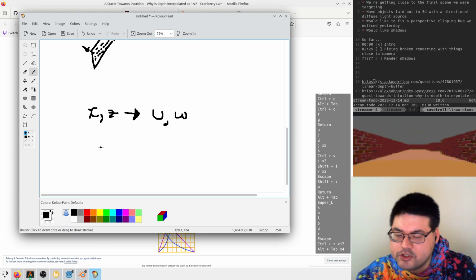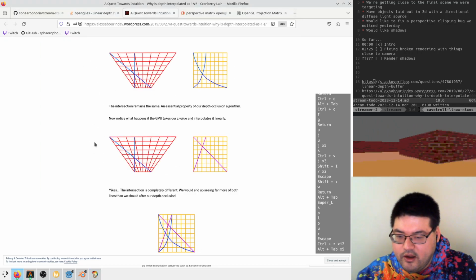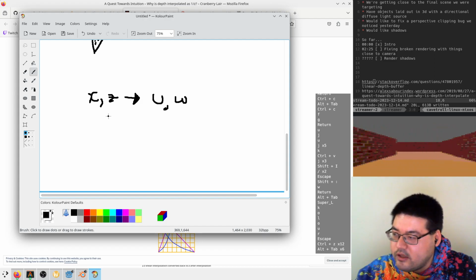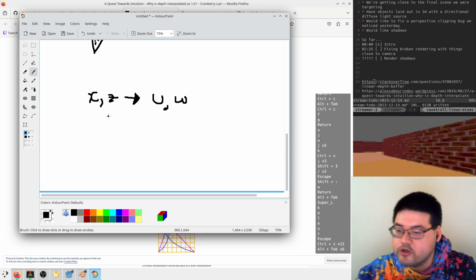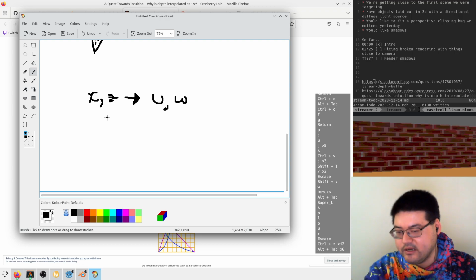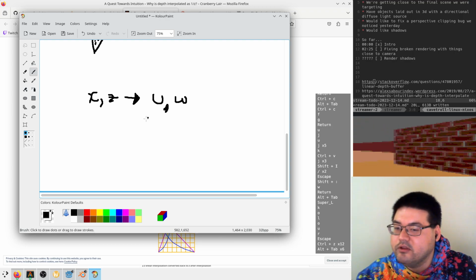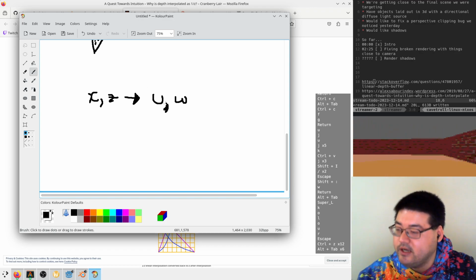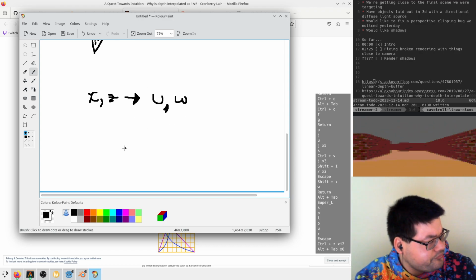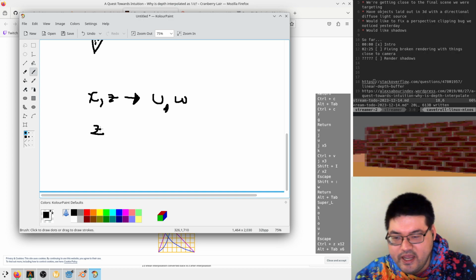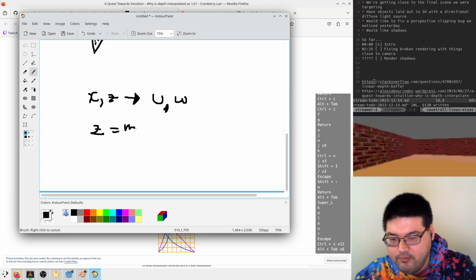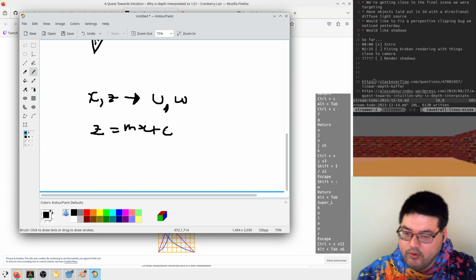We have this constraint that a straight line in the first coordinate system still needs to be a straight line in the second coordinate system, so that we can linearly interpolate in pixel space and get reasonable depth values. You can write that as z is equal to mx plus c, a straight line.